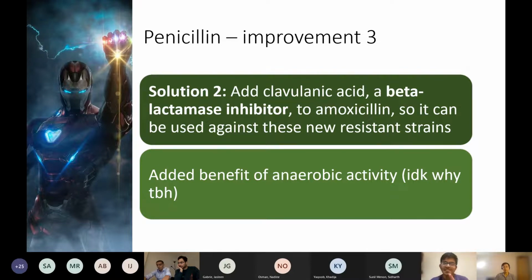Interestingly enough, it has a second added benefit. Not only does it now work against these new resistant strains, but it also gives it some anaerobic cover. I don't really know why. James, do you know why? No, neither of us know why. You don't need to know why, unless you're applying for specialty training in microbiology or whatever.